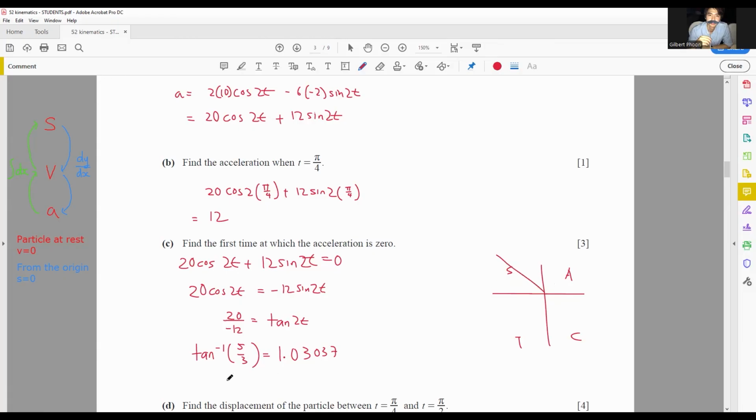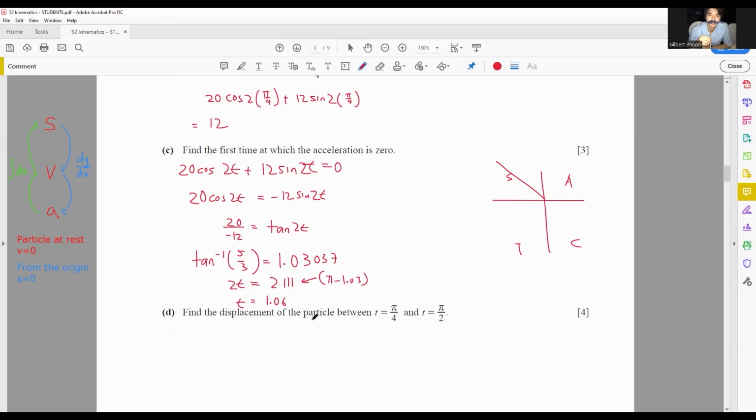Then my 2t value would have been 2.11, which is basically pi minus this value here. This is how I got 2.11. And lastly, since this is equal to 2t, t would have to be this divided by 2, 1.06, rounded off to 3 significant figures.